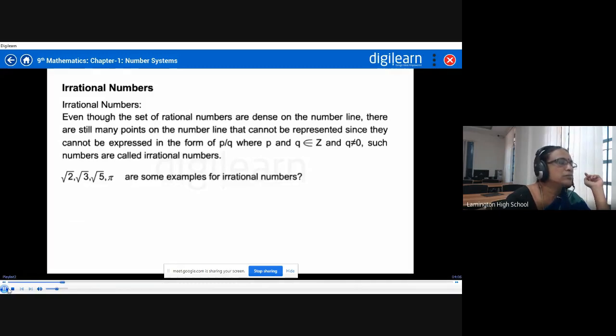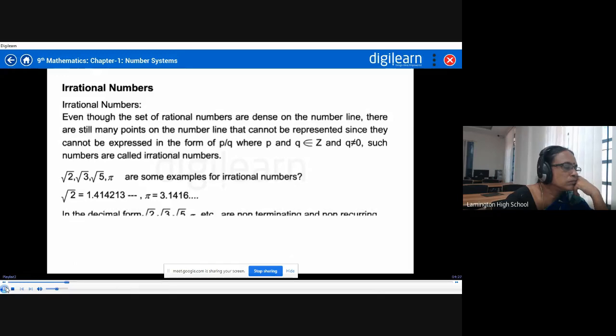Some examples: square root 2, square root 3, square root 5. In decimal form square root 2 is 1.414, and so on.